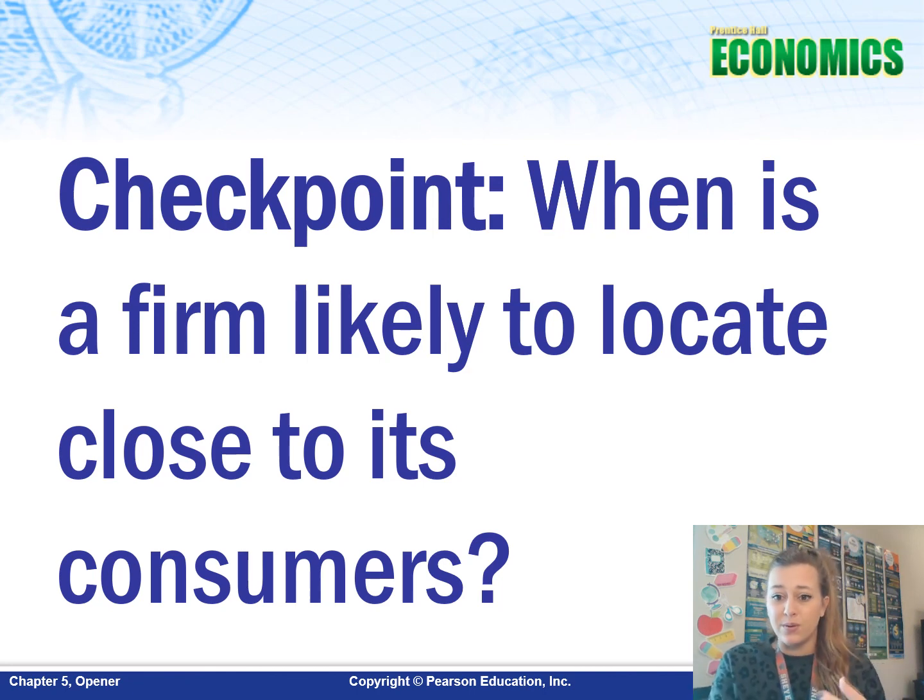If the output or the final product is more expensive to transport, then firms are going to locate closer to the consumer. So in regards to this checkpoint question, the answer would be when the final product is more expensive to transport, then a firm would likely locate close to consumers.